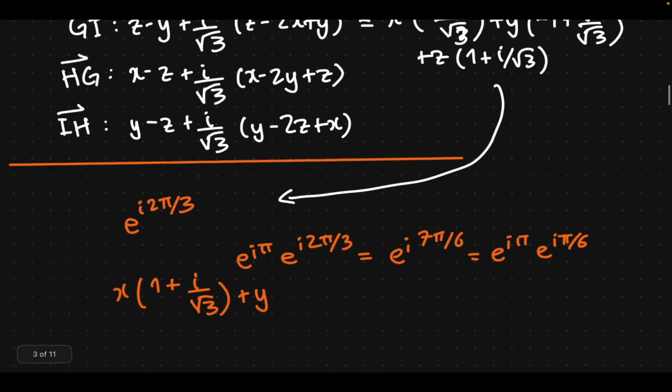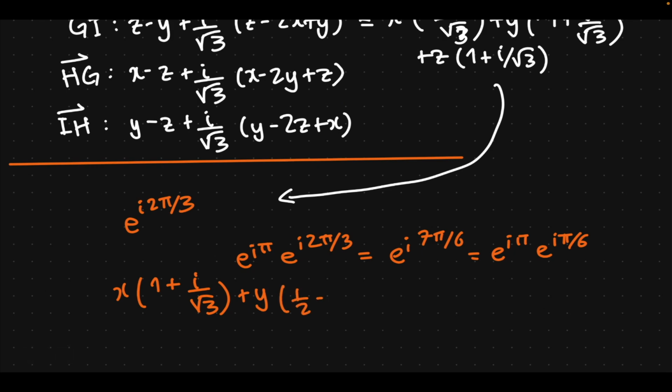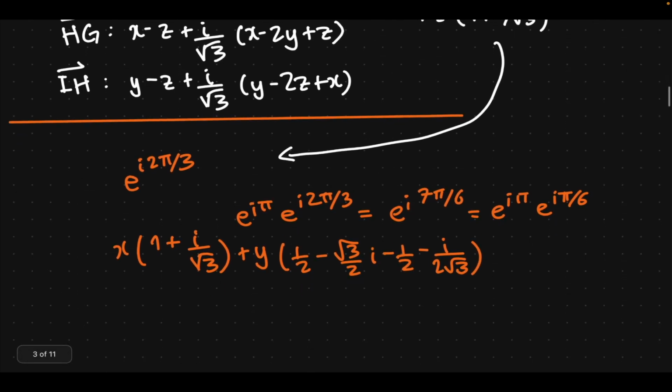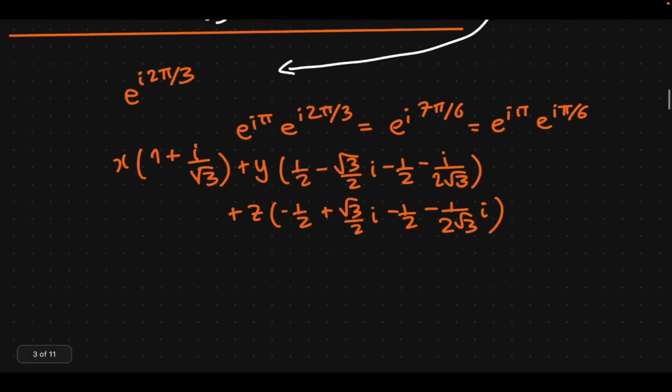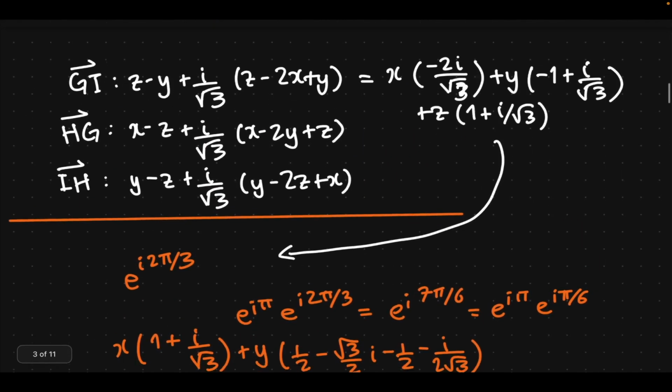Plus y times, if I do this entire procedure on the y, it's going to be a little long, but it'll get 1/2 minus root 3 over 2 i, minus 1/2 minus i over 2 root 3, plus z times negative 1/2 plus root 3 by 2 i, negative 1/2 negative 1 over 2 root 3 i. And when I simplify this, I'm going to end up with HG.